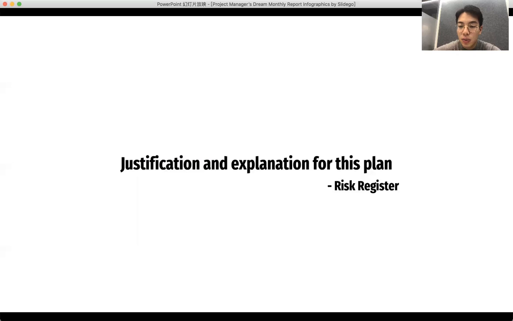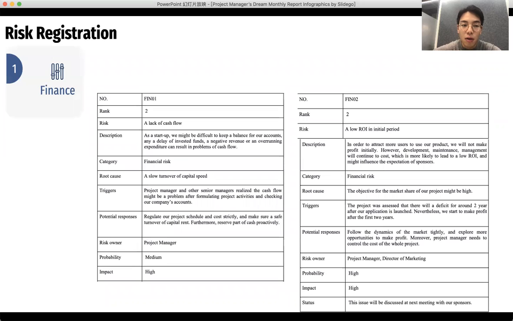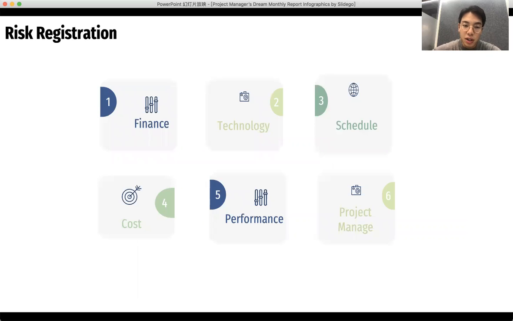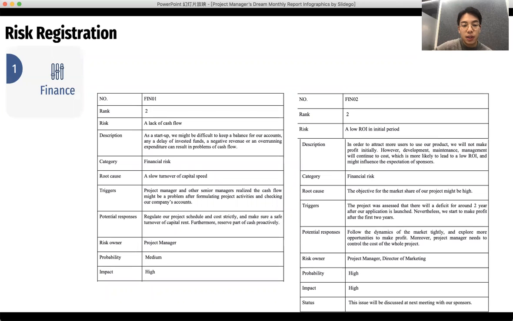The risk register here has 6 parts of risk registration, including finance, technology, schedule, cost, performance, and project management. The finance part is a lack of cash flow and also a low ROI in the initial period.